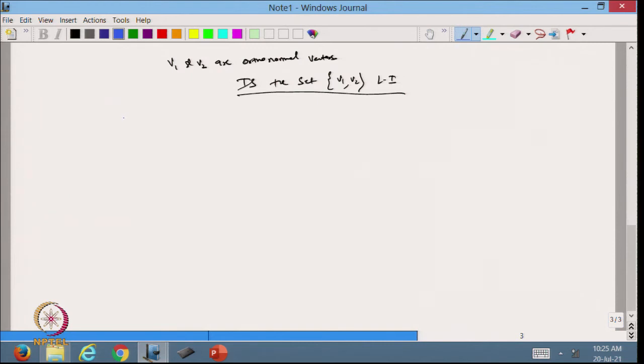This I can check by contradiction. So let V1 and V2 be linearly dependent, LD. It means I can write vector V2 as some scalar multiple of V1, where alpha is not equal to 0.